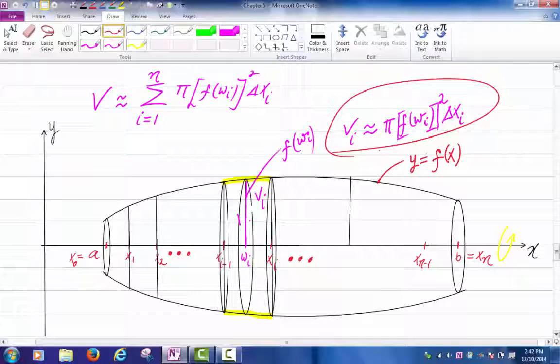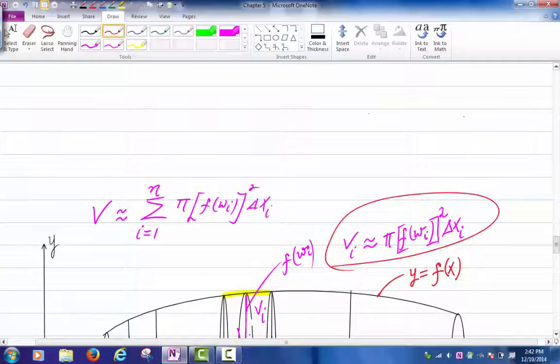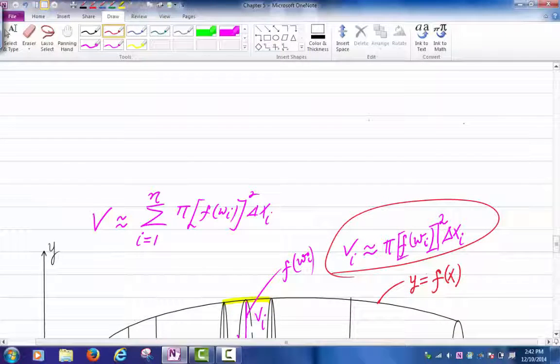Well, guess what? This is the Riemann sum of what function? Remember you did some exercises where you were given a Riemann sum and you were asked to write down what integral it represents, right? Well, as n goes to infinity, this is approaching an integral from a to b of what function?